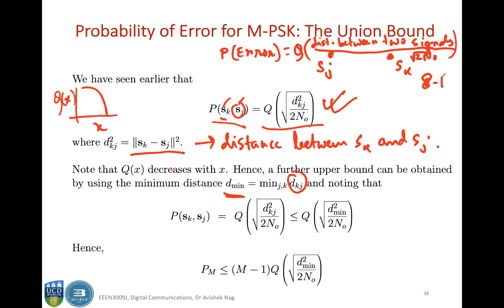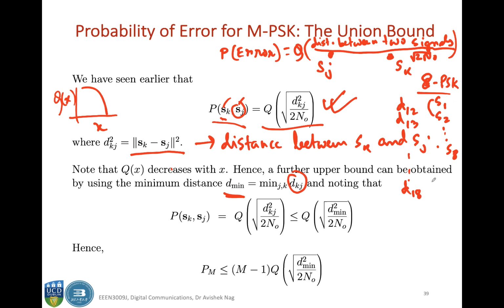If you have 8 signals S1, S2 up to S8, then you calculate the pairwise distance between each pair of signals. So you calculate D12, you calculate D13 and so on up to D18, and then all possible pairs.